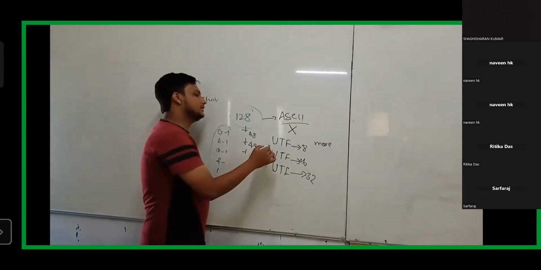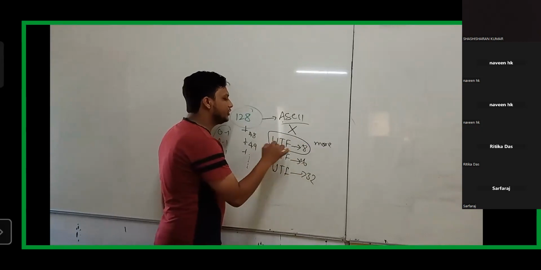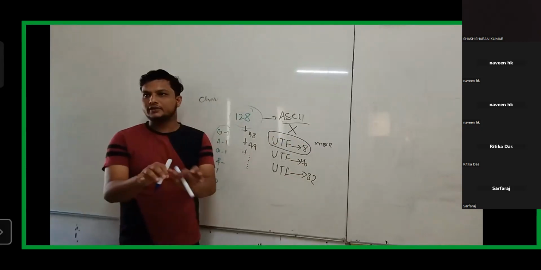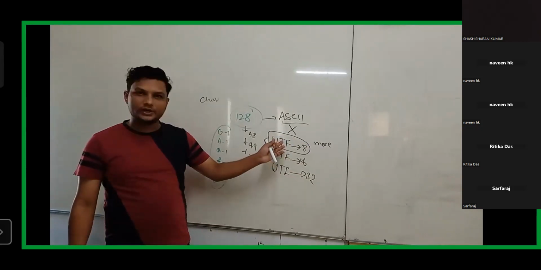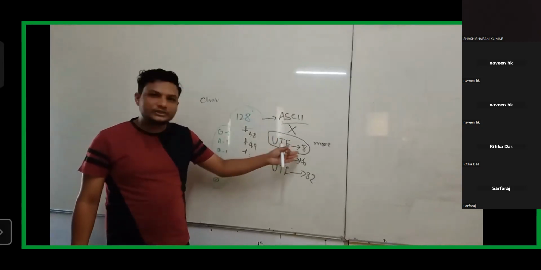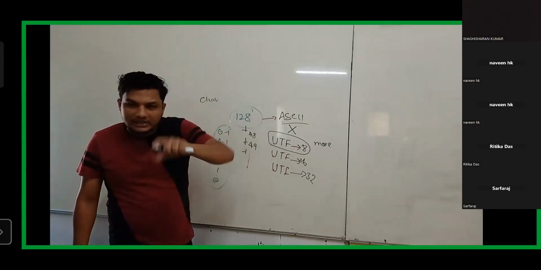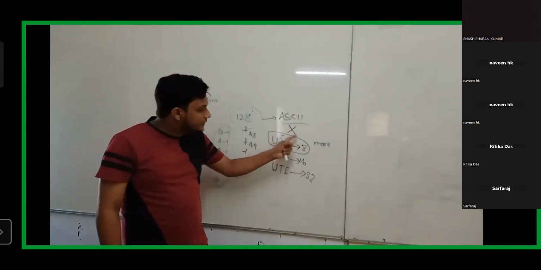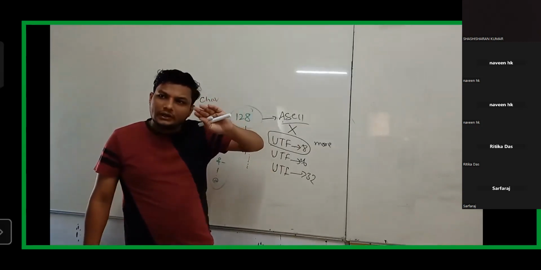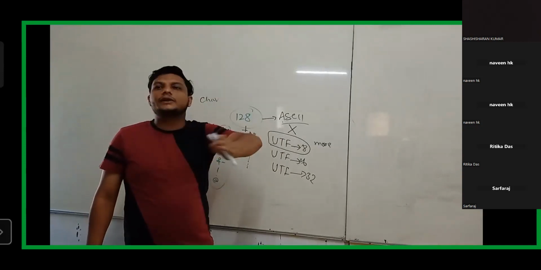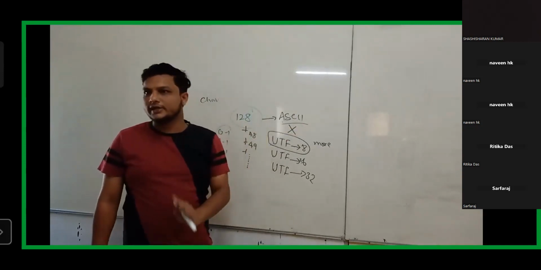The small websites will be using UTF-8. You would have seen that in front-end languages, they have mentioned UTF-8. But UTF-8 does not contain every character that we are using today.